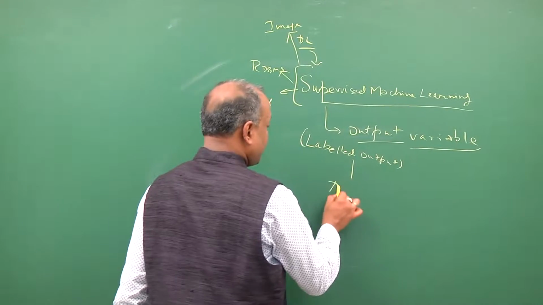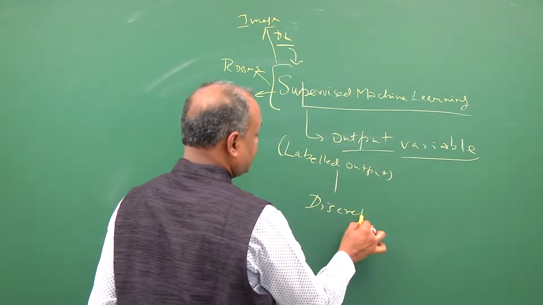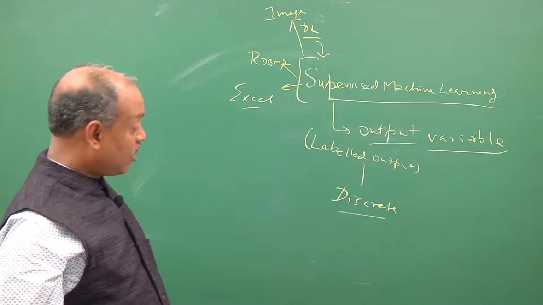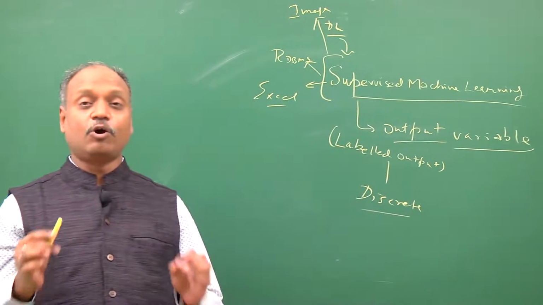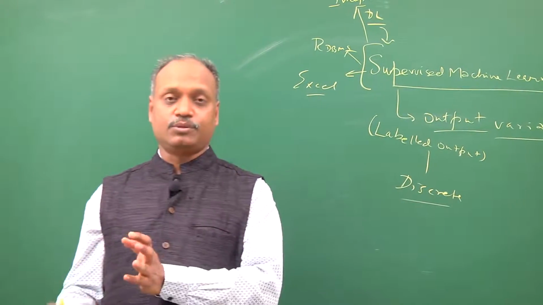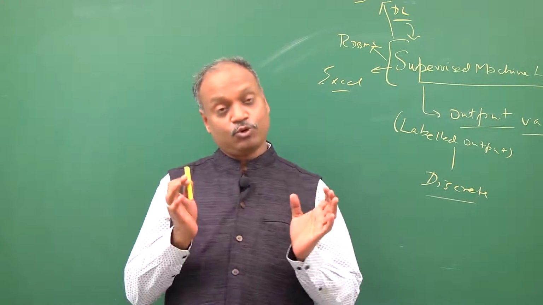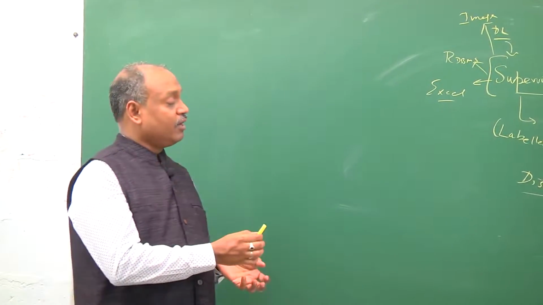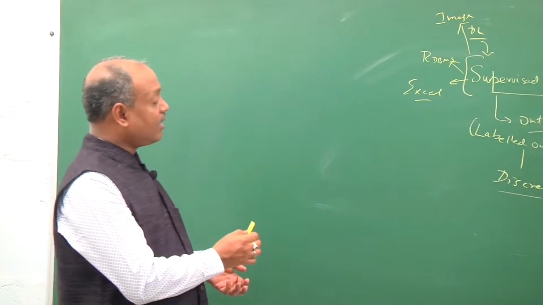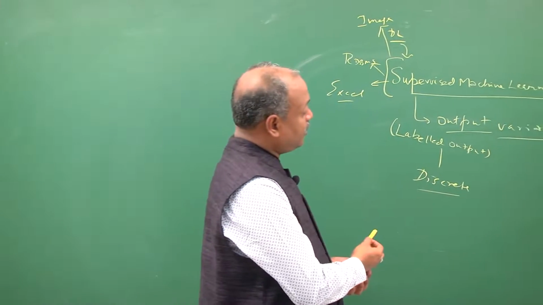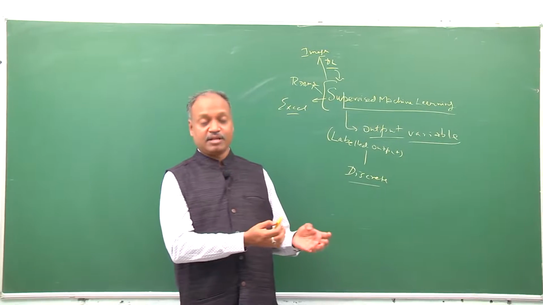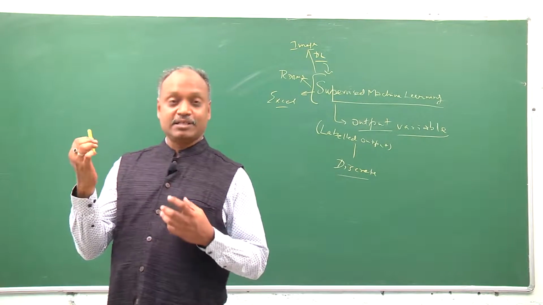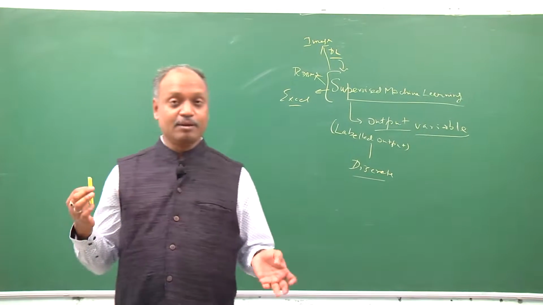The output variable can be a discrete variable, also called a categorical variable or a nominal variable, basically where the output can only take specific values. In case of spam, it can be two types, spam and non-spam. Or in a cancer scenario, suppose there can be three cases: there is no tumor, there is a malignant tumor, or there is a benign tumor.